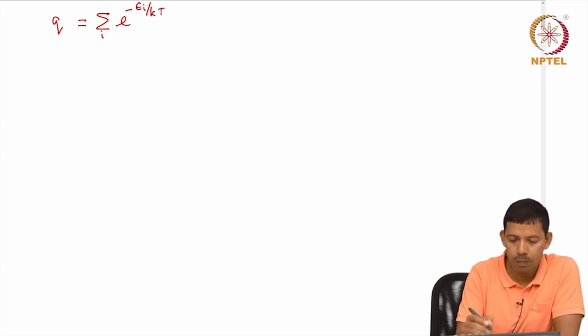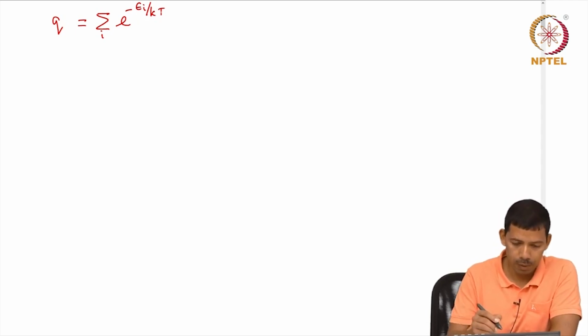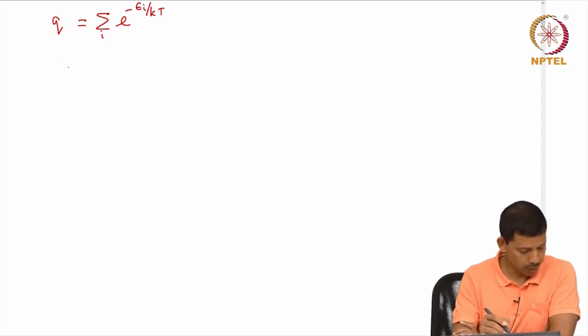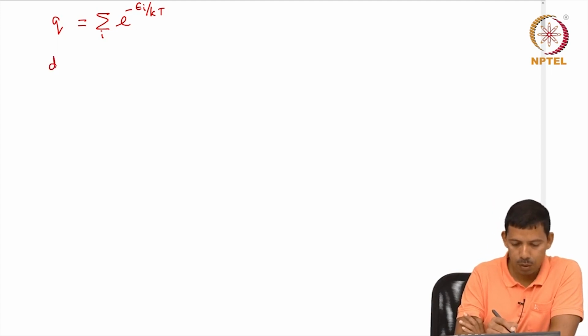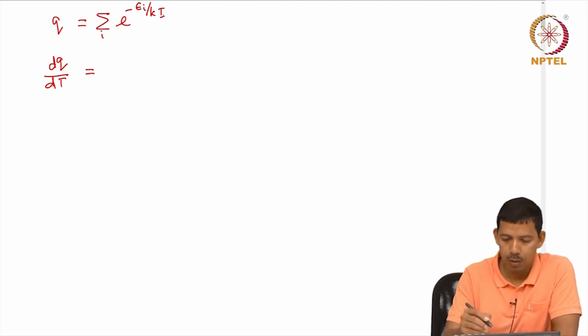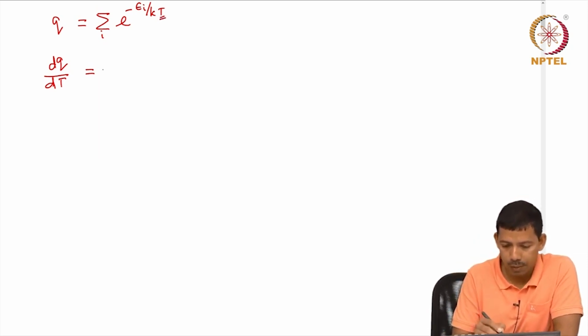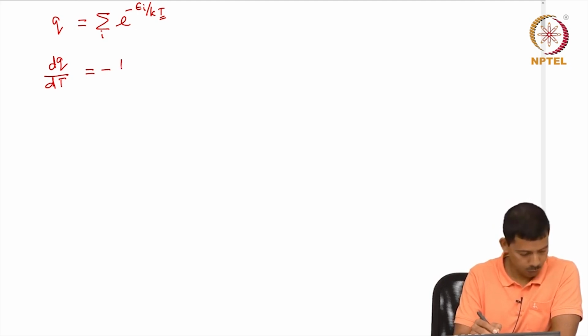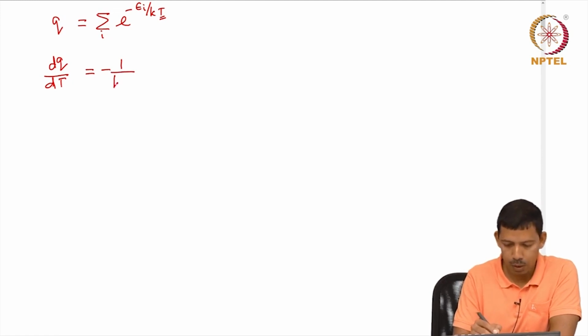So, if you take the differentiation of Q with respect to T, in other words, we want to find dQ by dT, what will it be? If you differentiate Q with respect to temperature, you get minus 1 by kT squared, since k and T squared are constants and come out.